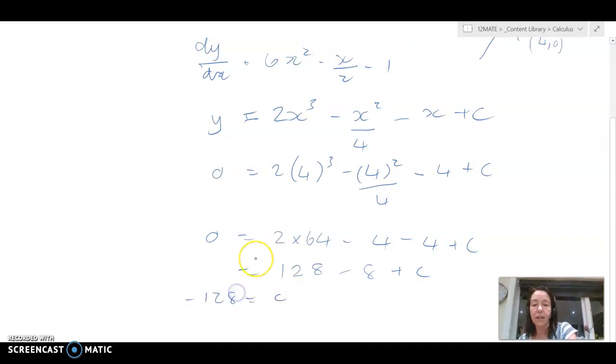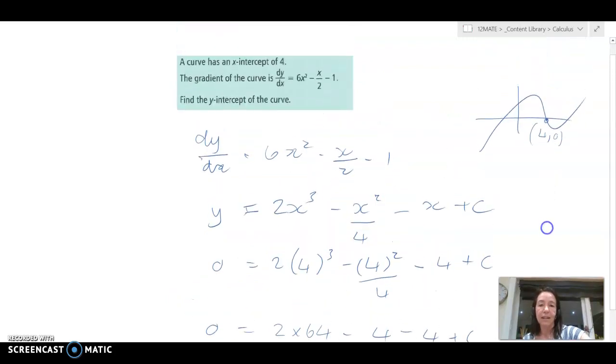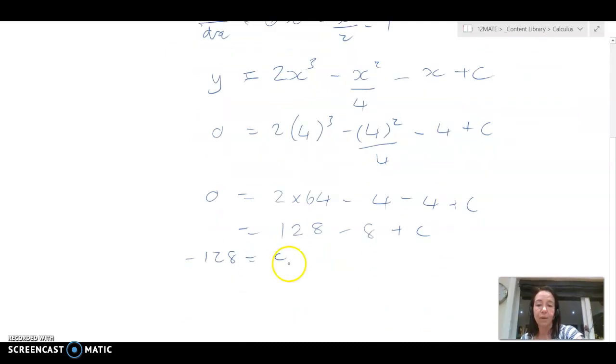negative 128. Now, the handy thing about that is, remember, what were they asking? Find the y-intercept of the curve. Well, when x is 0, and I have got y equals 2x cubed minus x squared over 4 minus x minus 128, when x is 0, you don't have to worry about any of that.